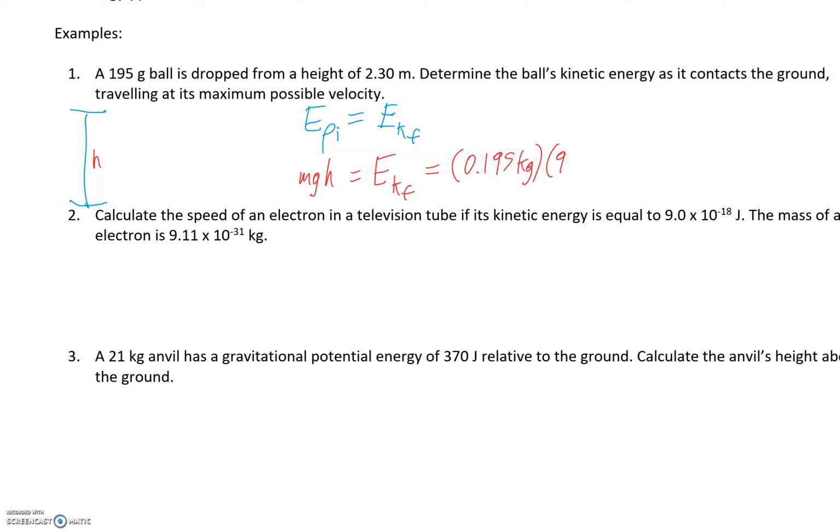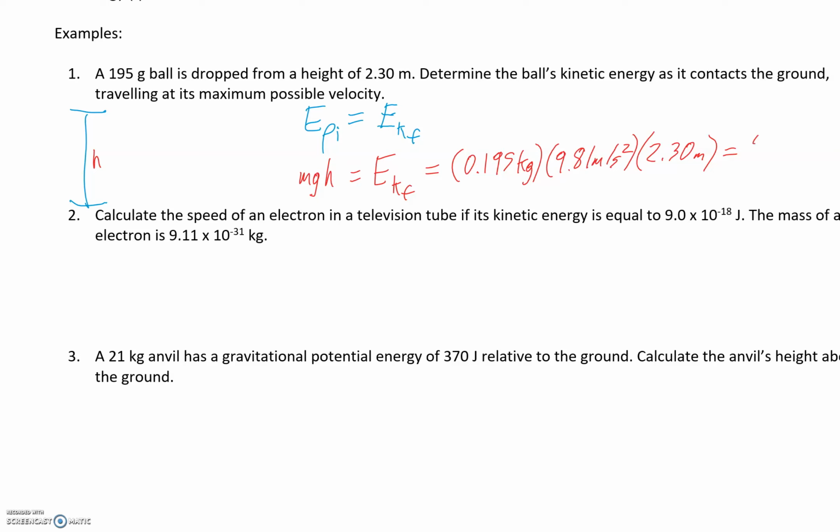Then we have gravity, 9.81 meters per second squared, the acceleration due to gravity. Then we have the height, which is 2.30 meters. We're just going to be multiplying all of those together in my calculator.